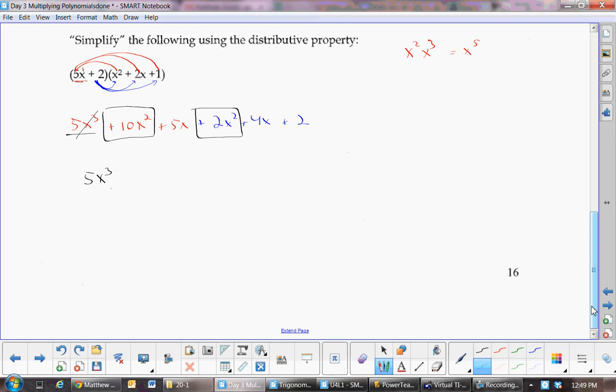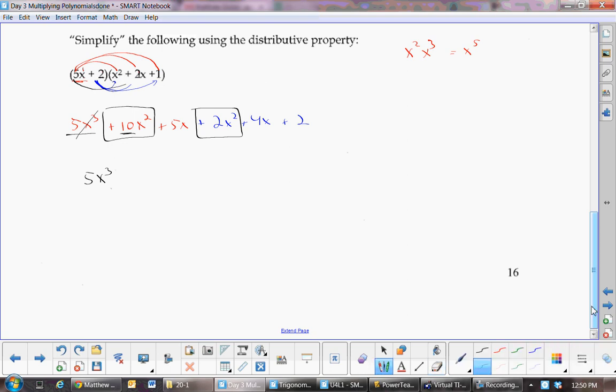Five times 2 is 10. That's this one here. And then 5 times the 2 is 10, right? Like this 2 right here?